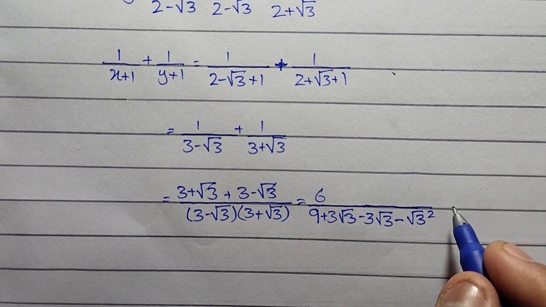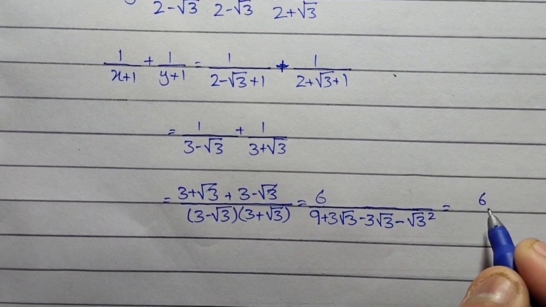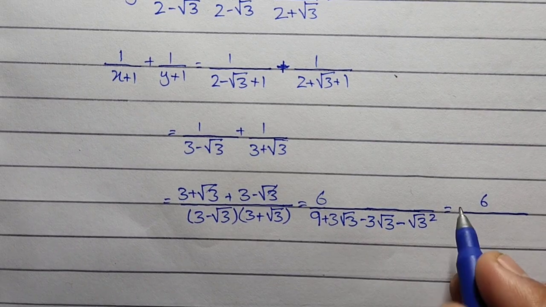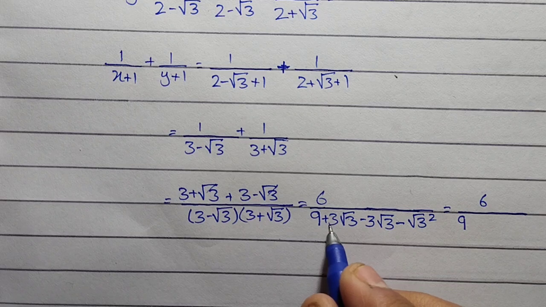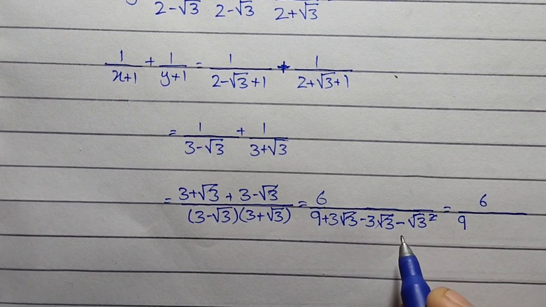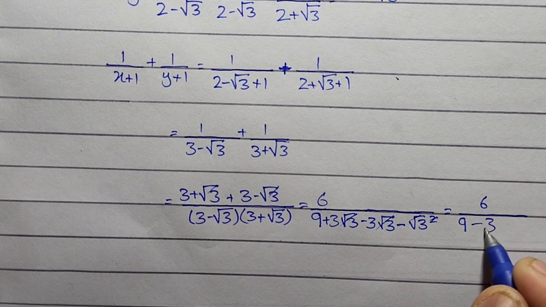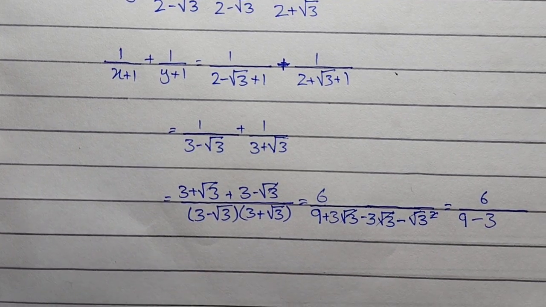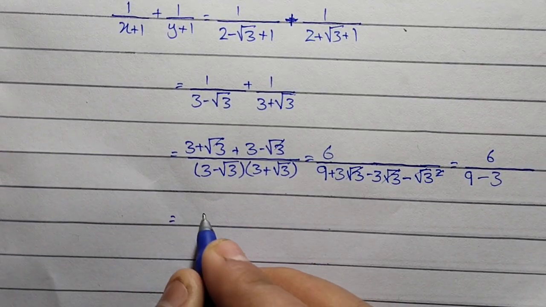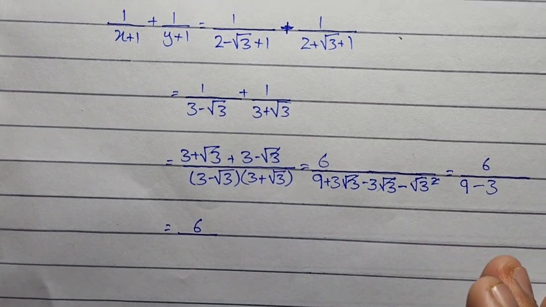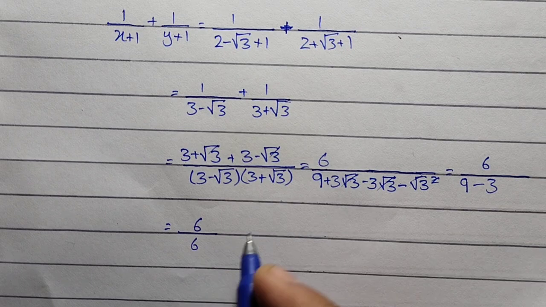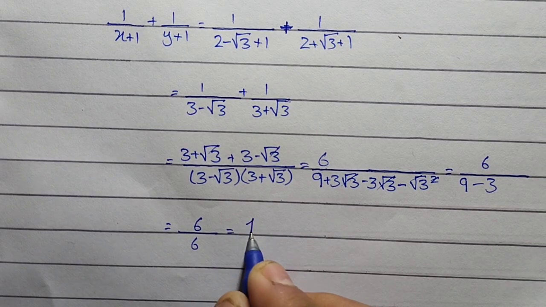Okay, this can be written as 6 over 9, plus 3 root 3 minus 3 root 3 cancel, and the square cancels with the square root, so we get minus 3. The final answer we get is 6 over 9 minus 3, which is 6 over 6, and it is equal to 1.